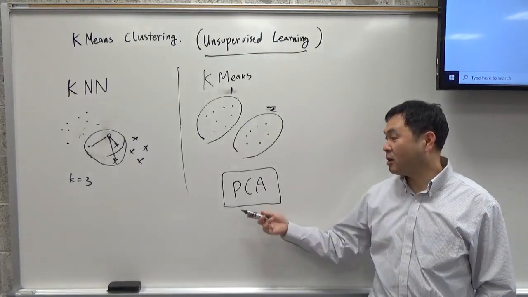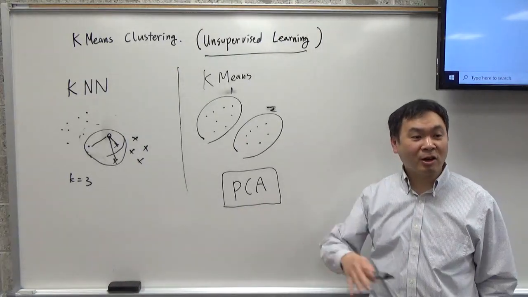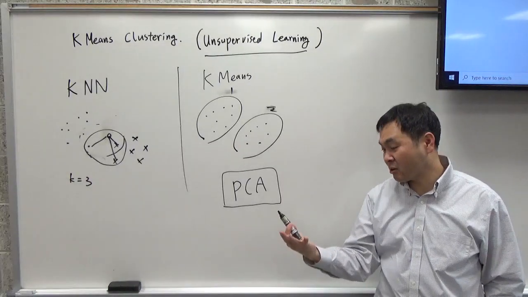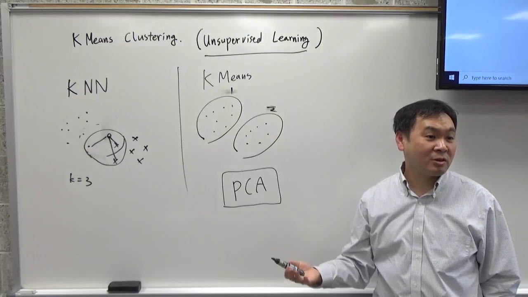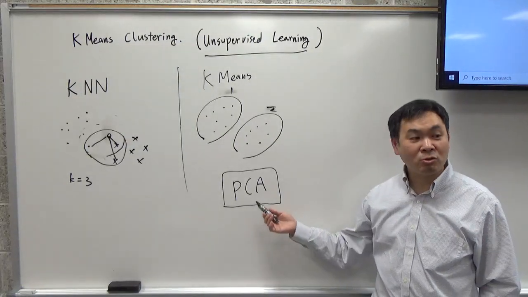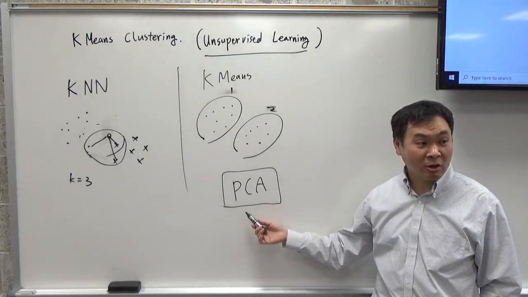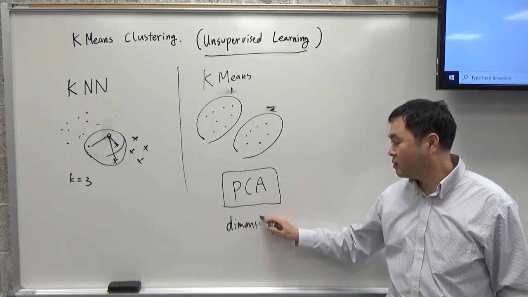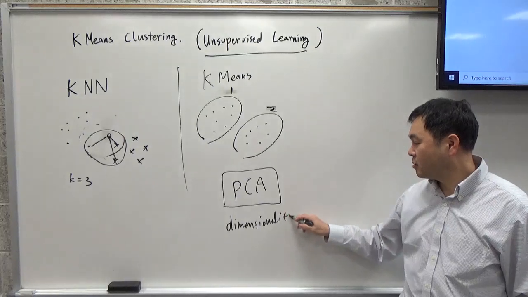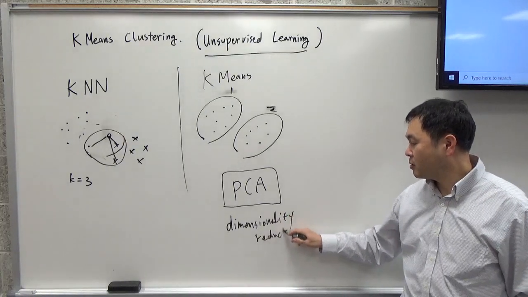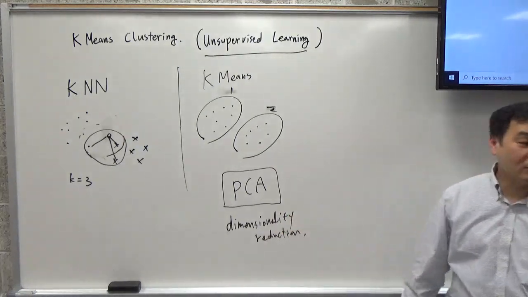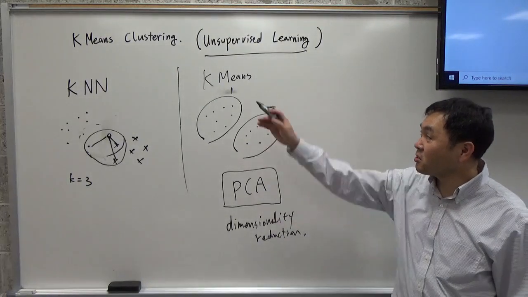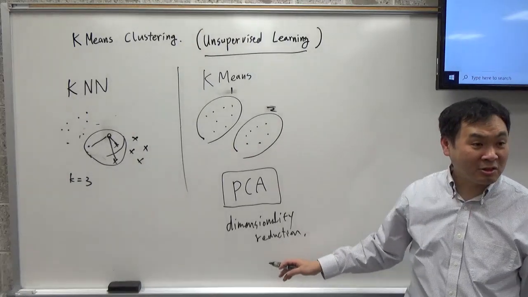Among hundreds of features, you select the 3 most prevalent ones or 10 most prevalent ones, and what you're doing is dimensionality reduction. Okay, so there are basically 2 types of unsupervised learning: clustering and dimensionality reduction. Okay?